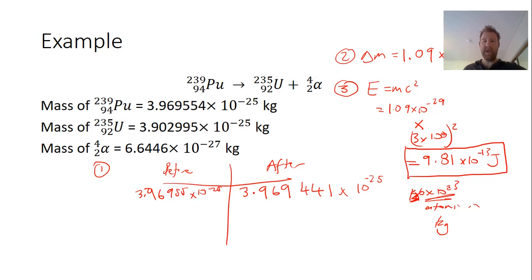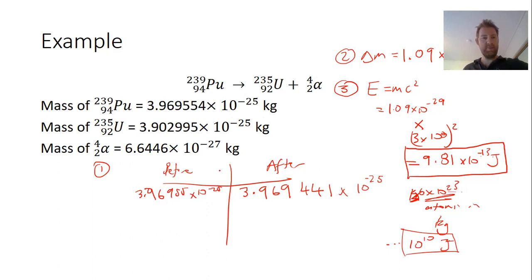So that's how many atoms you have, and if each one of these is decaying and giving off this much energy, minus 13, but you have plus 23 atoms, you end up with something on the order of 10 to the power of 10 joules. Huge amounts. So that's just making meaning of this. It seems like a small number, but minus 13 is about right. It's a big amount of energy just for a single atom.